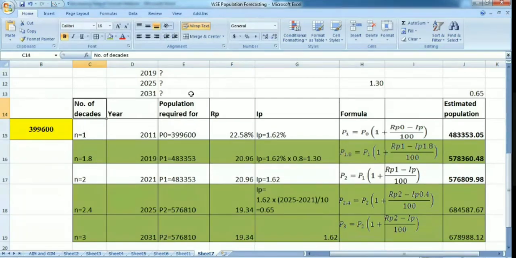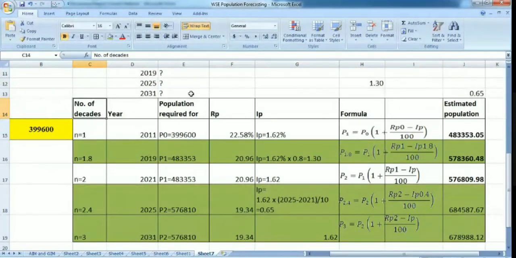What will be the population after 20 years? When we plan projects for the future, not only are the present demands of the people met, but also the future's. We always design projects for the future, not for the present population. That is why population forecasting has its own importance.